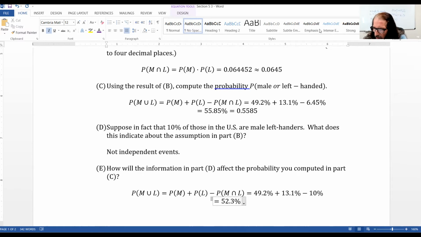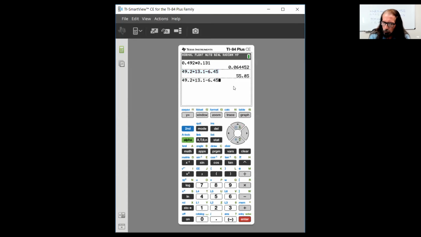I'm going to leave those as decimals though. So I'll convert the 10% to 0.10. Change this to addition, and subtract 0.10. 0.523, which does equal 52.3%.